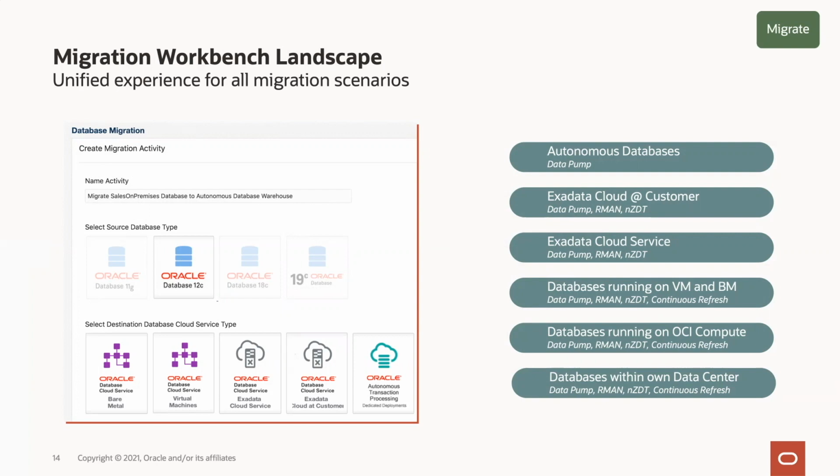Or if you are looking to migrate to a new on-premise pluggable database using TTS migration methods. So you have these different migration methods available for migrating source databases to different types of destination databases.